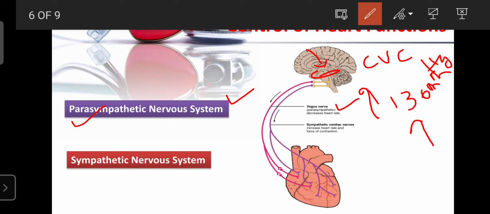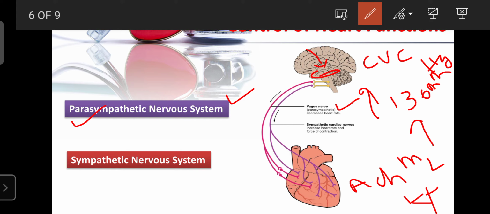Due to activation of the parasympathetic nervous system by the cardiovascular center, the vagus nerve releases the chemical acetylcholine. This acetylcholine acts on the M2 receptor on the myocardium and causes the accumulation of potassium. When potassium accumulates, the force of contraction, heart rate, and conduction velocity decrease. With these all decreased, the blood pressure automatically decreases.